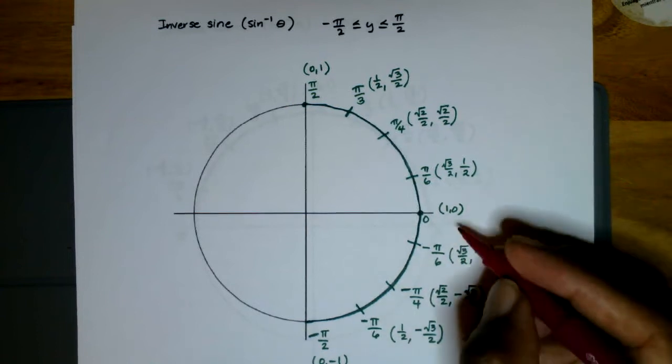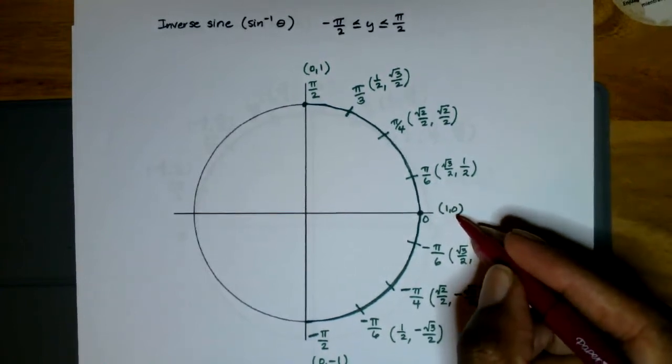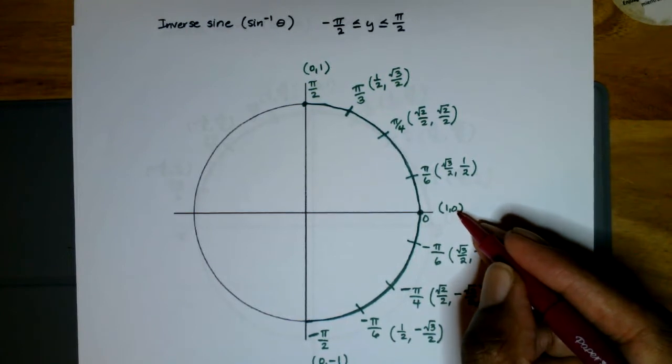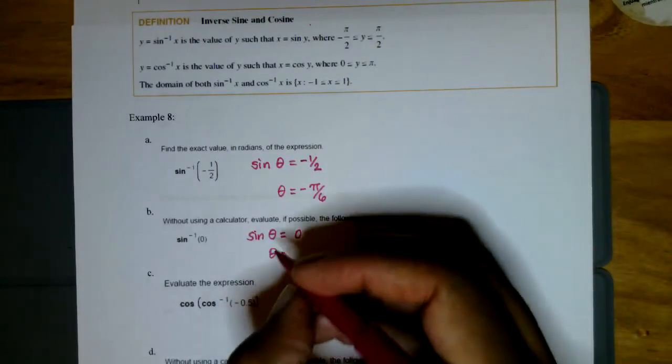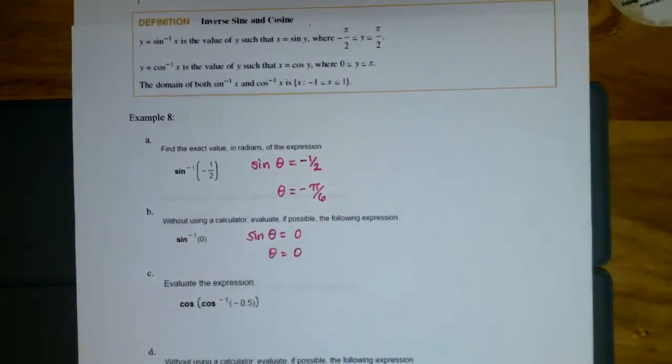So in this case here, sine of theta, we look at the y coordinate because the y is always going to be sine. That's 0, which means here the angle measure for that will have to be, of course, 0. So theta is 0. And the inverse sine of 0 would give us 0 because sine of 0 is 0.